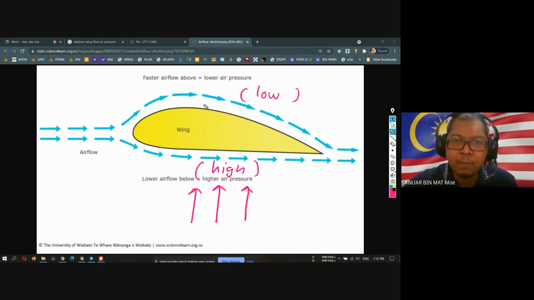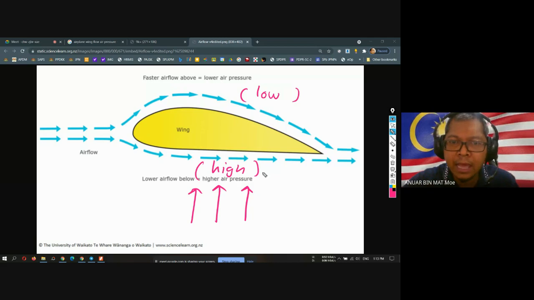Why lower air pressure? Because the air needs more time to flow around the wing. You can see the wing shape. When the air needs more time, the pressure becomes low.